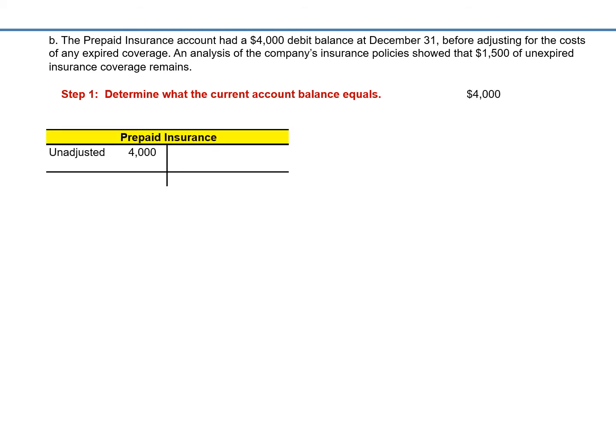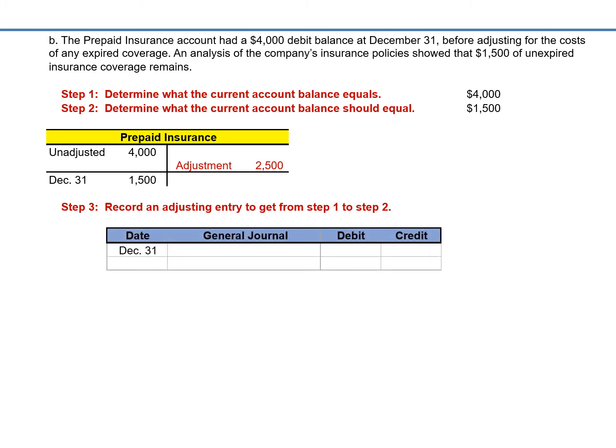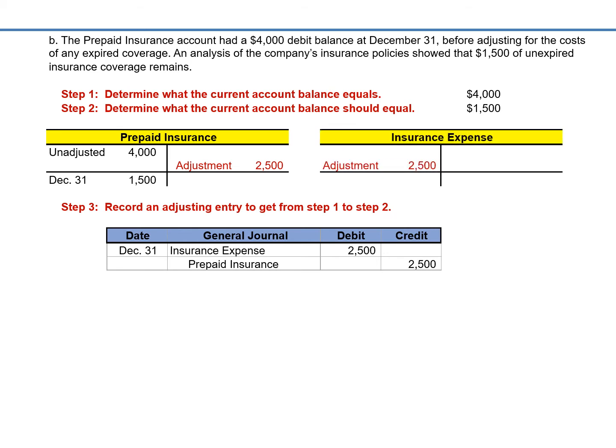What does it need to equal? $1,500. And so how do we do that? Credit of $2,500, right? So we debit insurance expense for $2,500 and we credit prepaid insurance for $2,500.